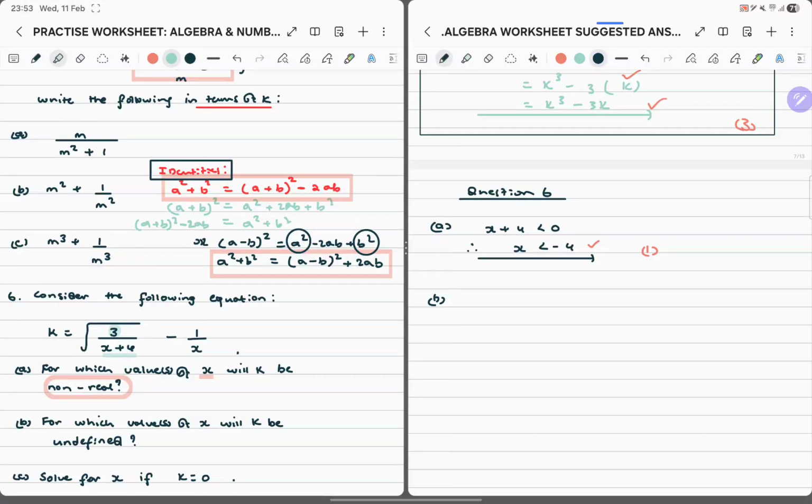B says, now don't confuse, guys. There's something I need you to know. Don't confuse non-real and undefined. Those are 2 different things. Undefined doesn't mean non-real, or vice versa. That I need you guys to know, because some of you may say, this is going to be non-real if we have, say for example, x is equal to 0.